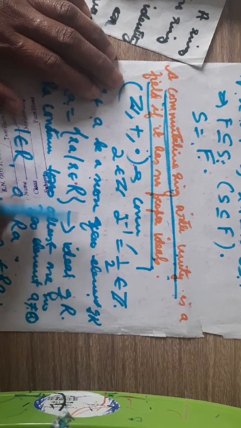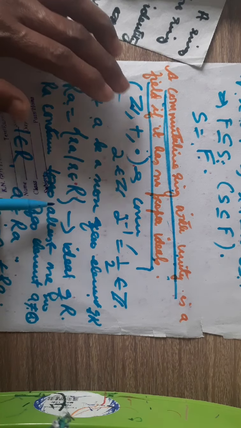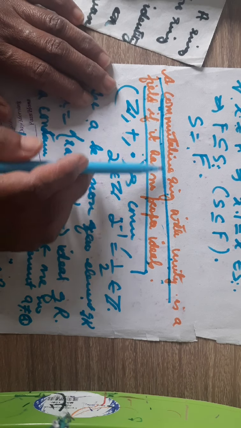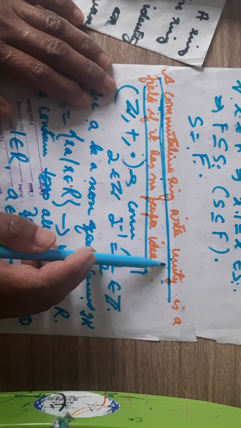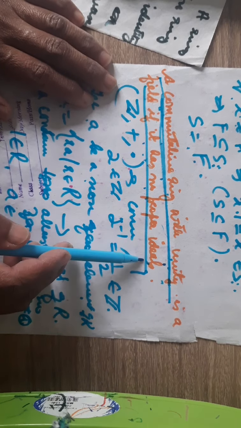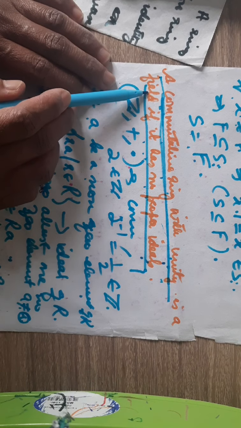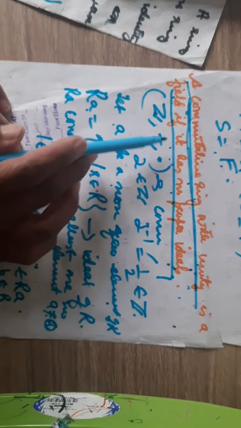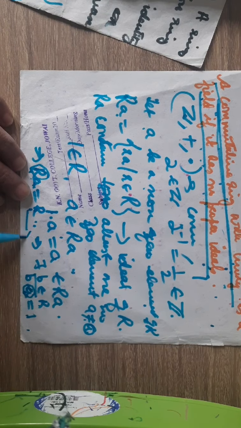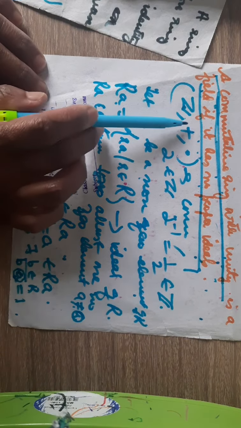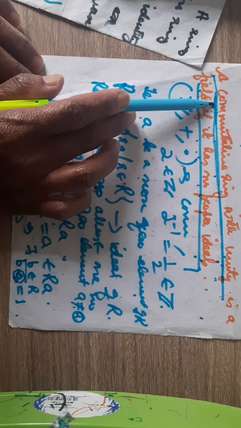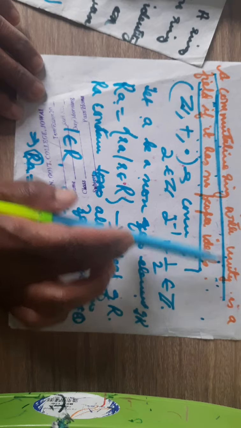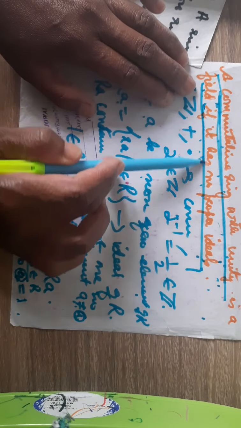So it will be true for any other non-zero element of R. So from here we can conclude that a ring which is commutative and has multiplicative unity and also has no proper ideals other than the ring itself and the zero ideal will be a field. So this shows that a ring which is commutative and has multiplicative identity 1 will be a field if this condition is satisfied.